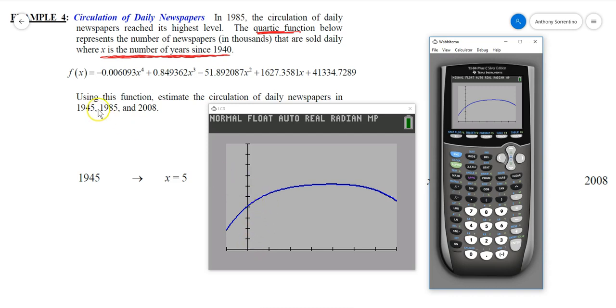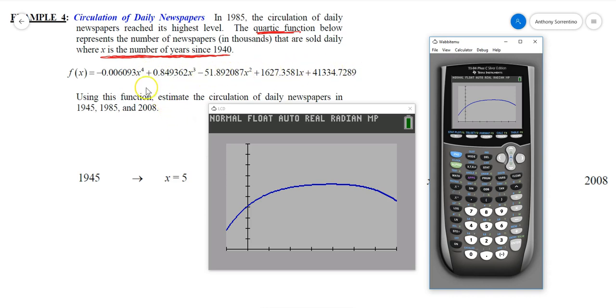In 1985, which is 45 years later, I would expect it to be kind of where its maximum is. And so I should see a higher value for its readership. And then in 2008, I should see it be down a bit more because it should be somewhere around here. So that also lets me anticipate what the answers may be and how they should look when compared to each other.